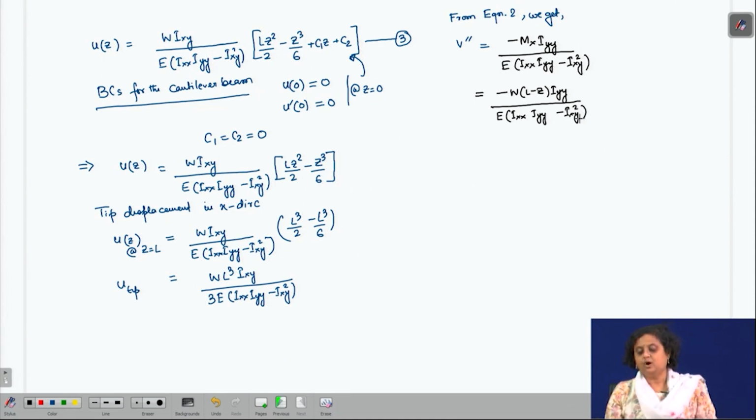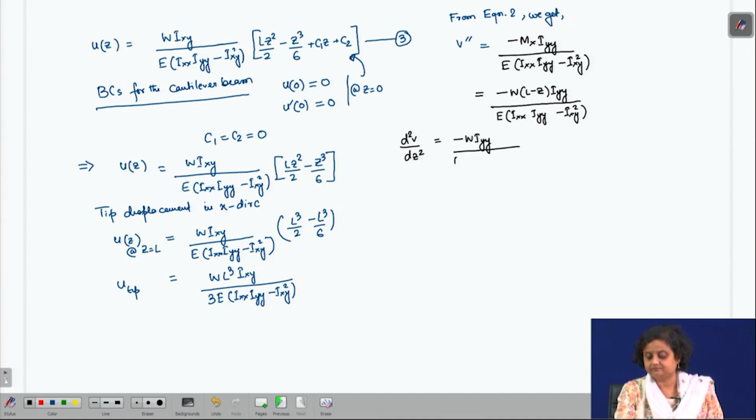So we have to proceed with the same approach that we did. So d2v by dz square is therefore given as minus w into L minus z.